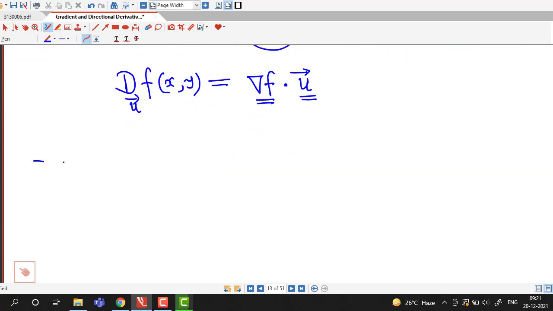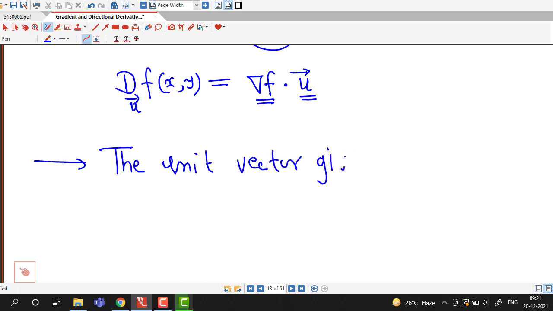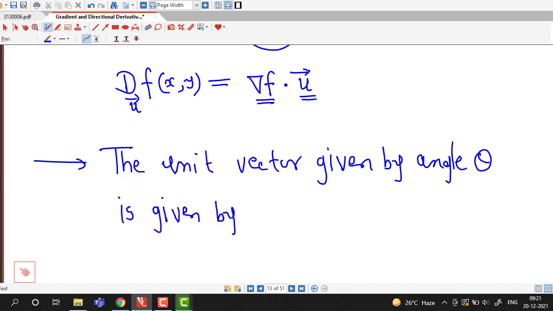So first we write down, as we have discussed, the unit vector given by angle theta, that is, the unit vector which makes angle theta with the positive x axis, is given by u bar equal to cos theta i plus sin theta j.